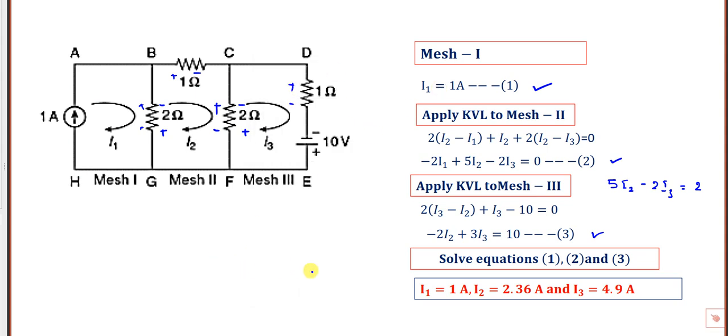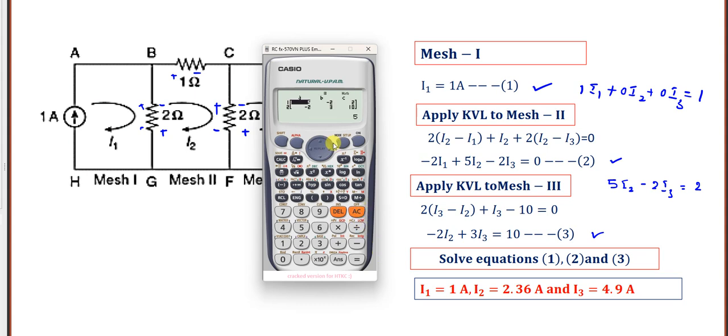That is, you can write here 1 I1 plus 0 I2 plus 0 I3 is equal to 1. So then three equations, three unknown variables you can consider. Again, after solving, you're going to get the same answer. So I'm going to solve using three unknown variables here.